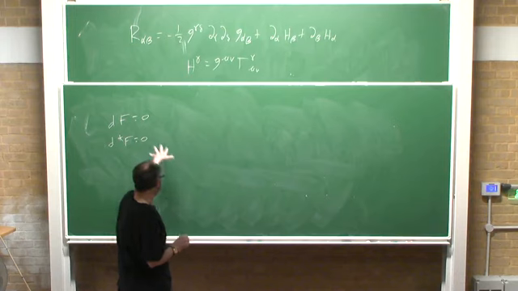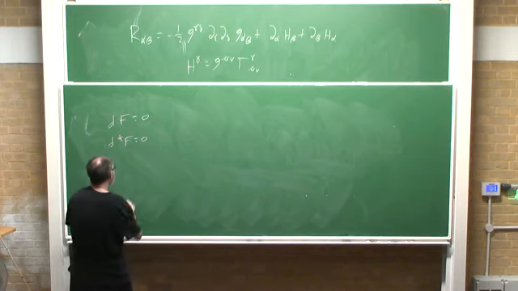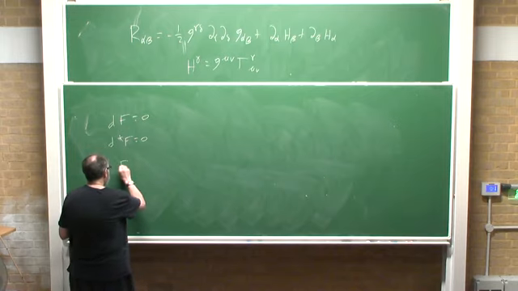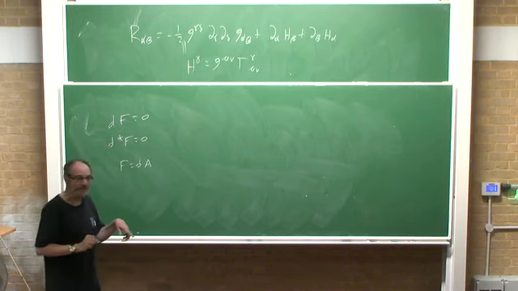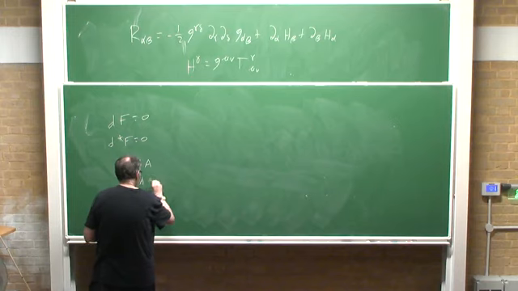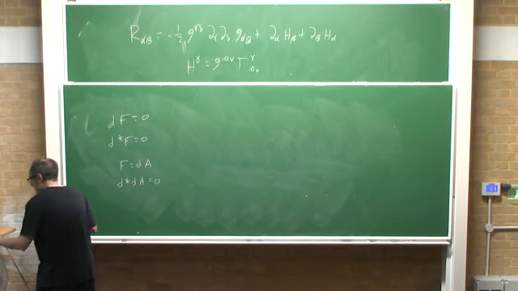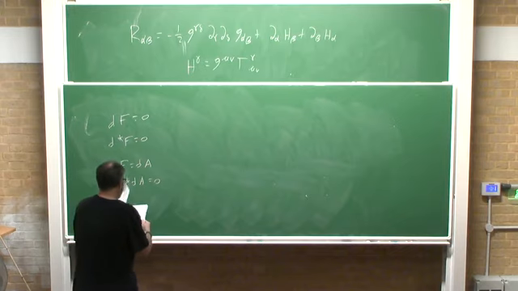All right, so how do we solve this equation? Well, we notice that if dF is equal to 0, that means that F is equal to dA, where A is a one-form, and now this equation becomes d of star of dA equals 0, which looks nice. Now what happens when we actually write that down?